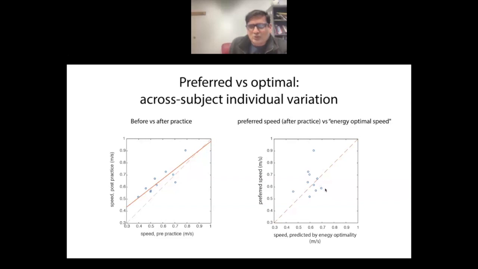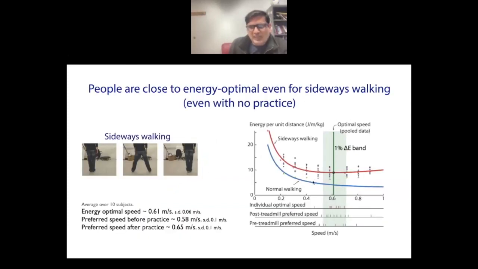It's kind of all over the place, which might just be explained by the fact that the landscape is so flat that it doesn't matter, at least from the perspective of energy optimality, that people are exactly at the optimum. It's okay if people are just somewhat around the optimum.